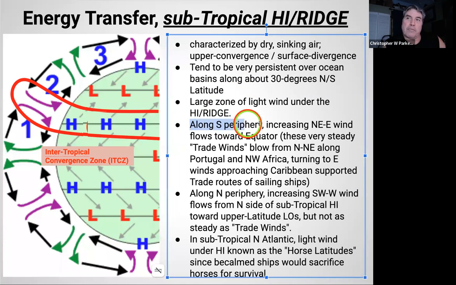And along the south periphery, we have increasing wind that can be east-northeast or east or somewhat southeast. That would be as we are just getting into the ridge.